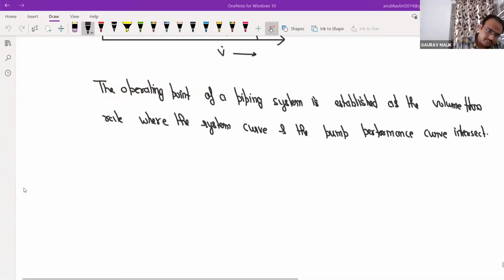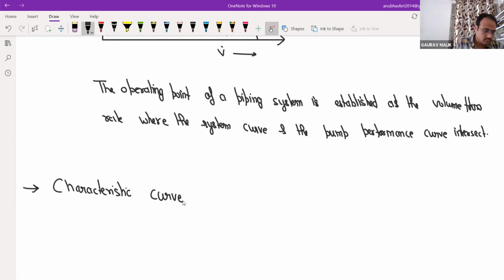Write down next, the characteristic curves of centrifugal pump.